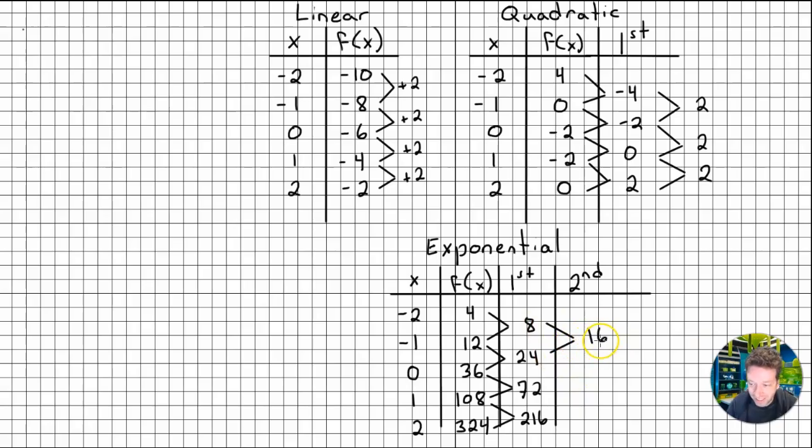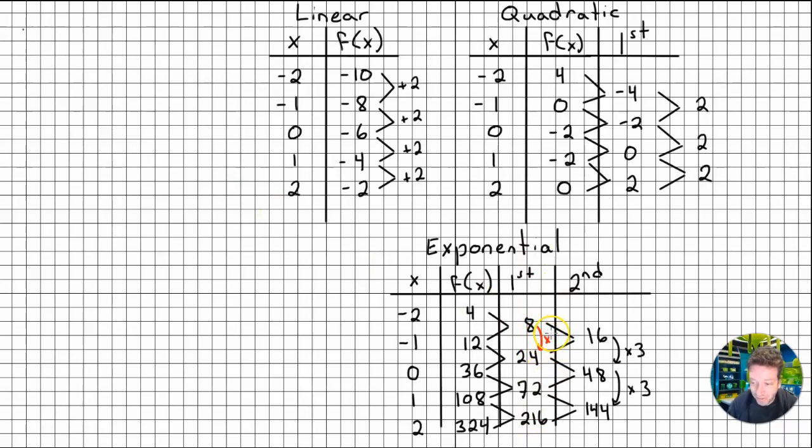First, 16. Then 48. And then 144. Do you see the pattern yet? This increases by a factor of 3, and that increases by a factor of 3. But even when we went to previous, look at first differences.